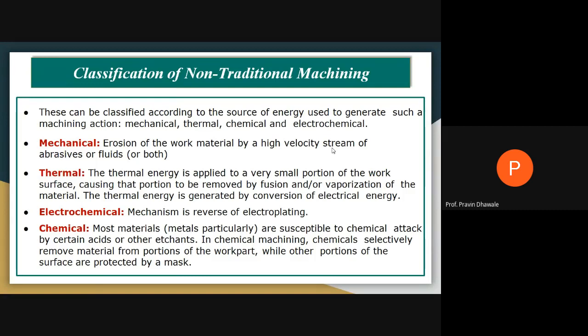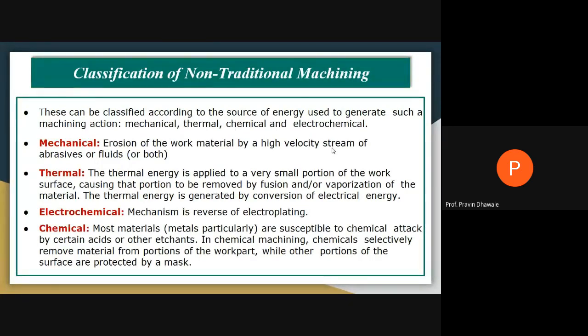Now the third type of classification of non-conventional processes is electrochemical machining. You have studied the electrolysis process in 12th, right? This mechanism is the reverse of the electroplating process, anode to cathode, cathode to anode.